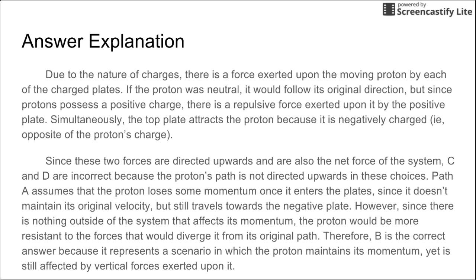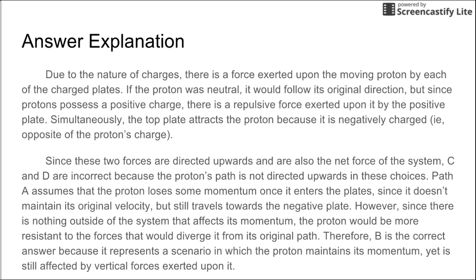A is incorrect is because it assumes that it loses enough momentum, or that there's enough of a force that causes it to just stop and then go straight in a diagonal fashion. And there's no real reason for there to be a force. There's no force stated in the problem.